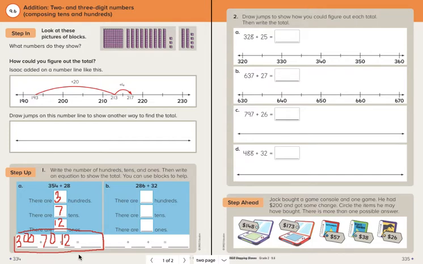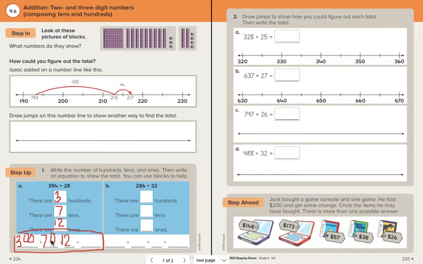This is the part you could use blocks for because I can tell just by looking at my equation, these 12 ones, we're going to have to do some regrouping, right? We're going to have to bring a group of 10 over and put it in the tens place. So, you can draw blocks for that one if you want.